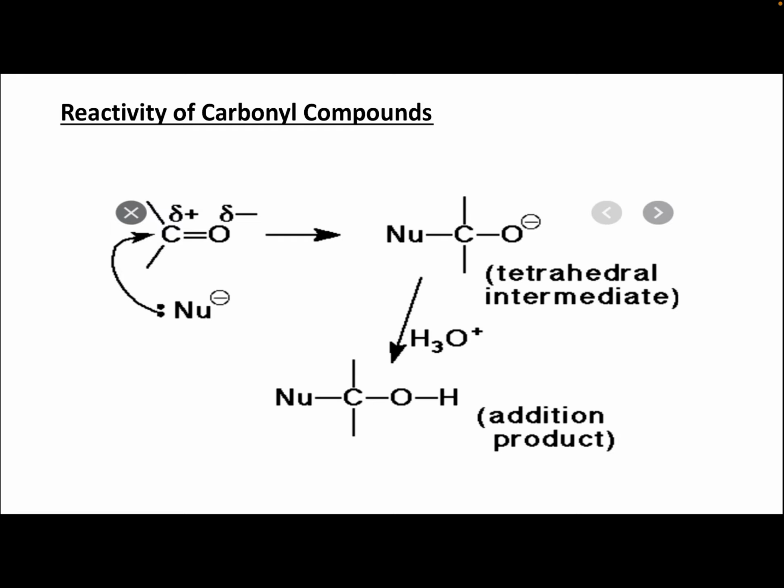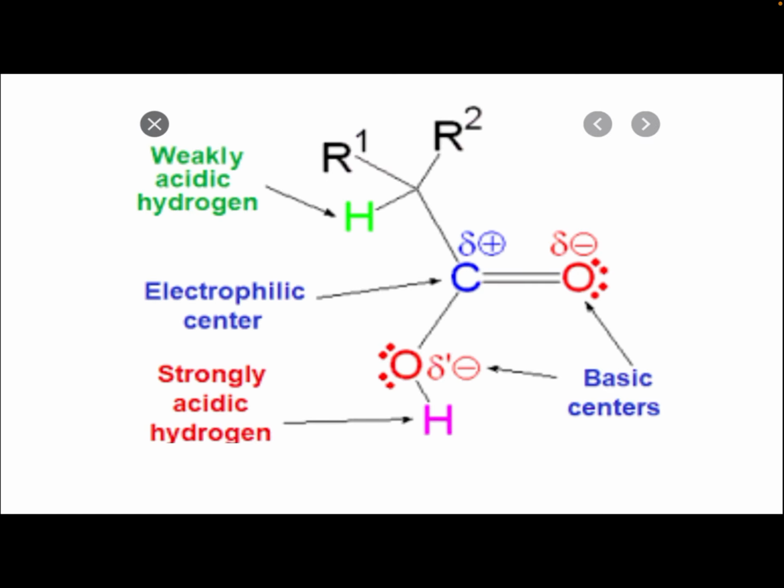If a carbonyl group is there, we should remember that the bond shifts onto oxygen. Oxygen gets a negative charge and carbon gets a positive charge, and the negatively charged species, the nucleophile, will attack the carbon because carbon is positively charged. On oxygen, a positively charged species or electrophile attacks and gets bonded to oxygen.